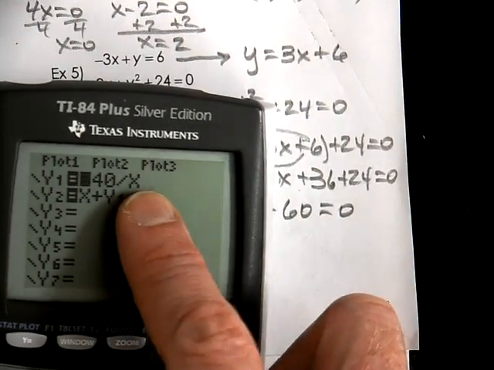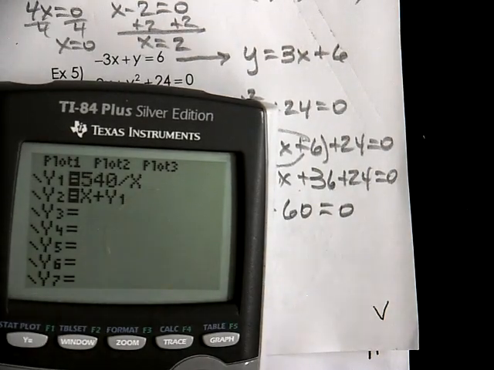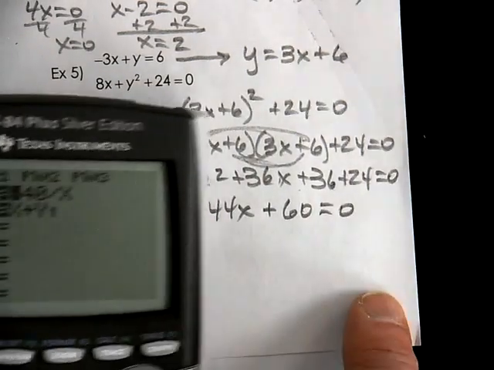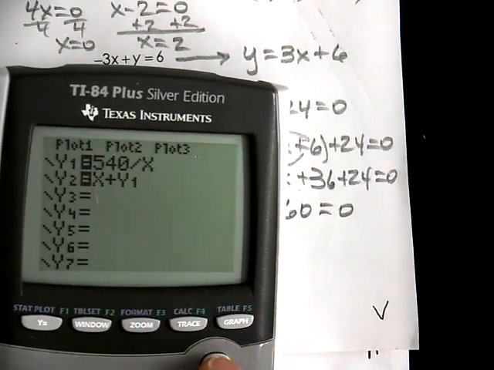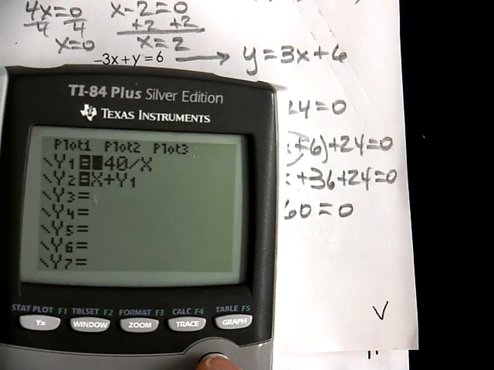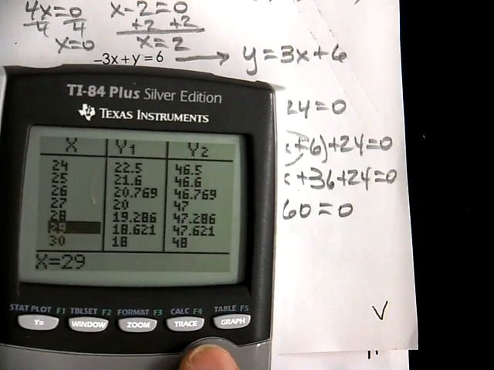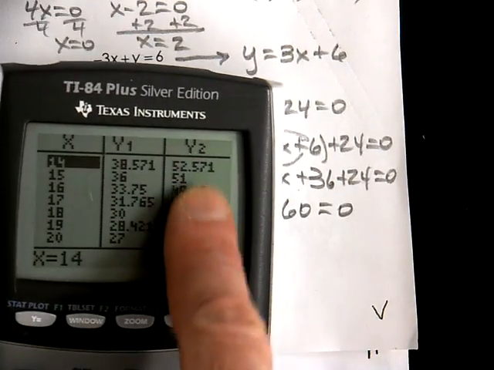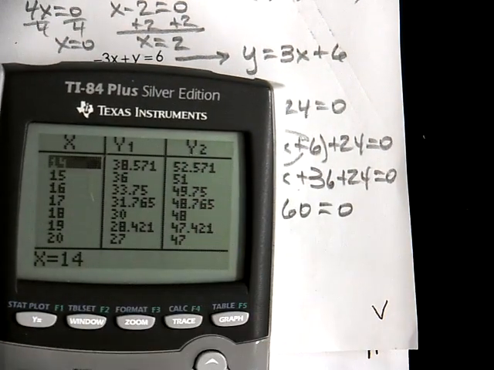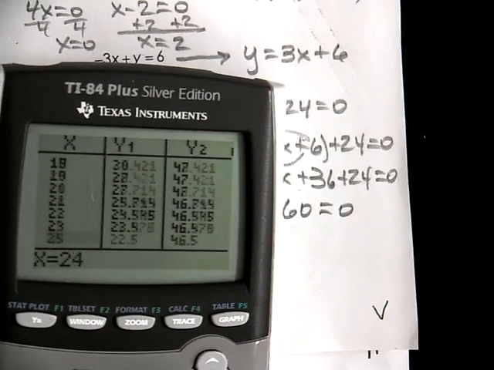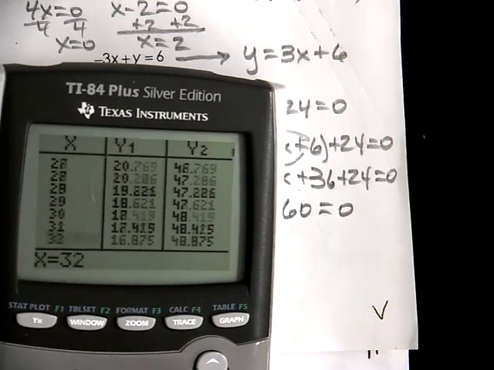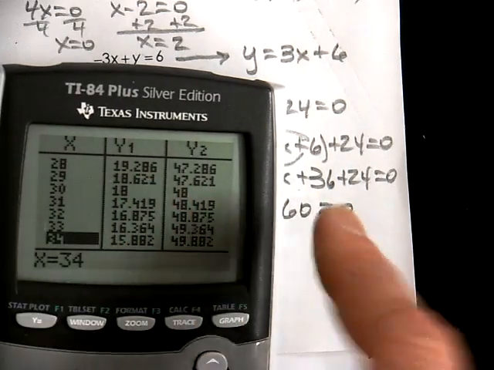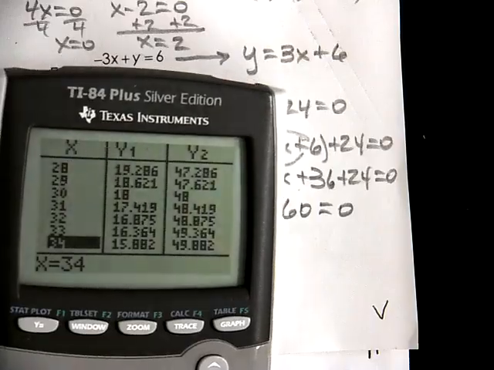Divide that by x, and then add your two columns together, and you're looking for the number 44, if you're going to try to factor that. When you go to a table, you can't get 44. So we're not finding this to be factorable so far.